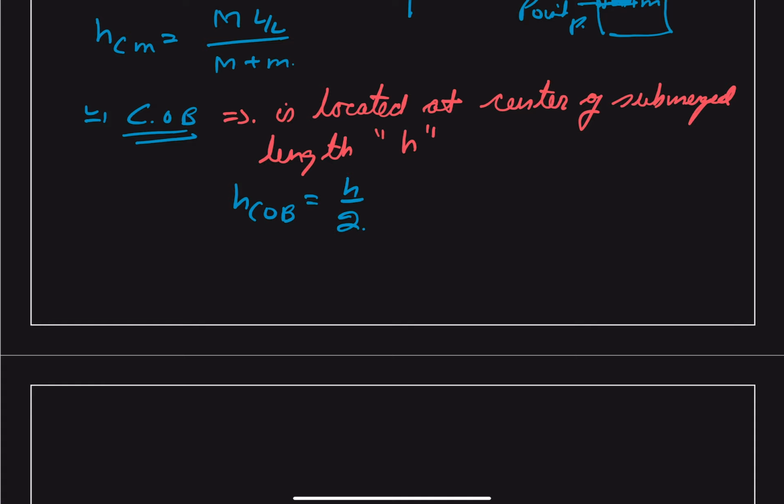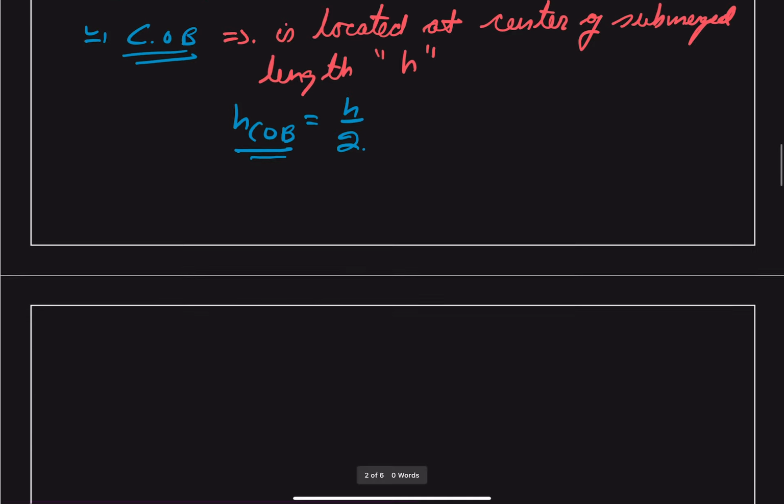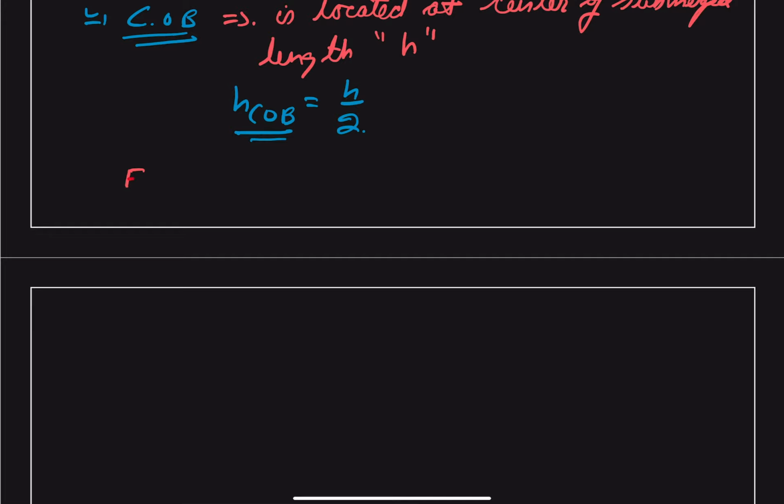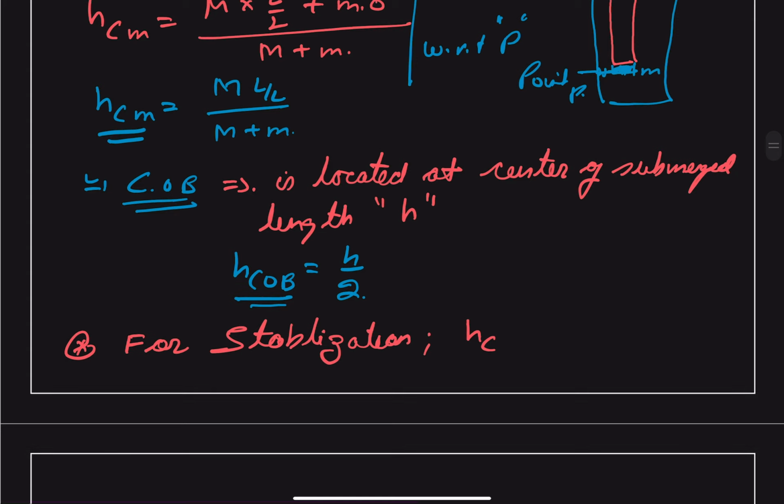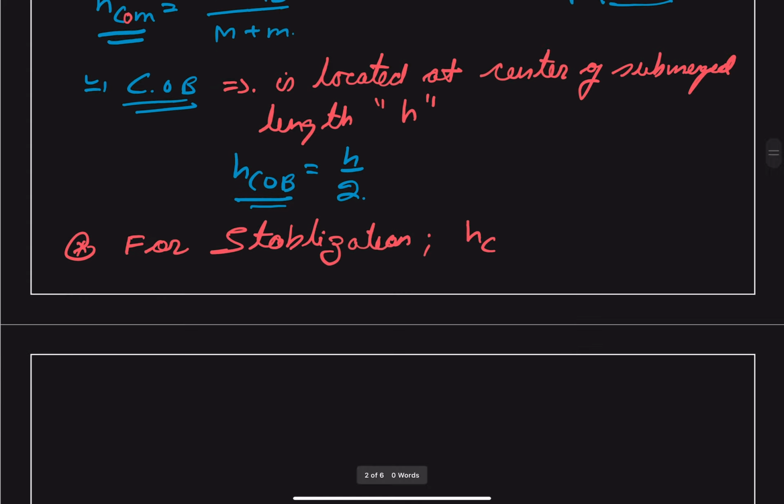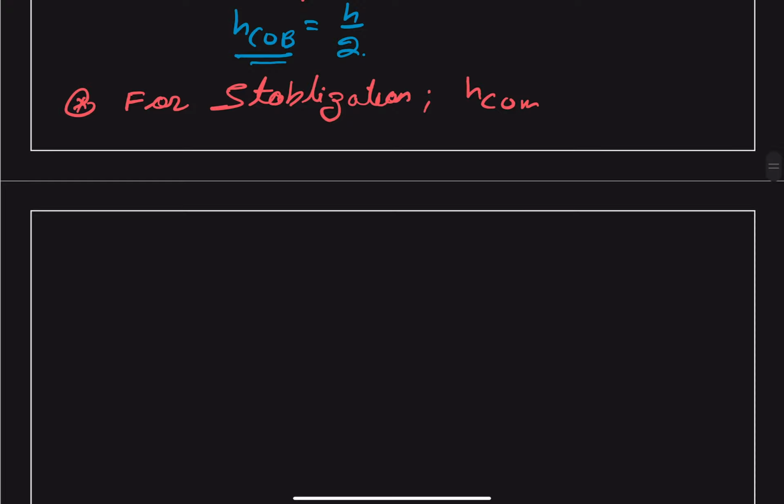And for stabilization, the center of mass as well as the center of buoyancy should be equal. So for stabilization, H_COM should be equal to H_COB.